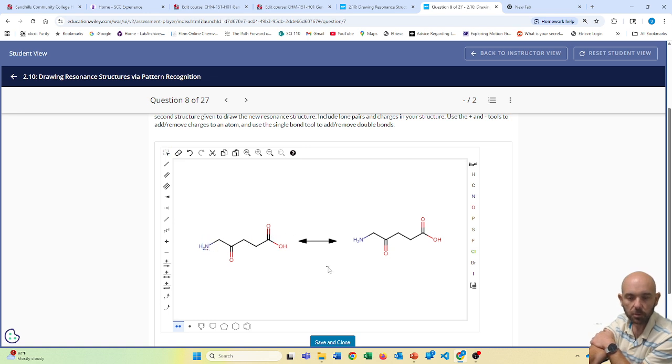So if we fill in a lone pair there, a couple of lone pairs there, a couple of lone pairs on that oxygen, and a couple of lone pairs on that oxygen. So if we're trying to draw resonance structures, we want to be careful. We don't want to draw this arrow here, because that is 2 steps away from this lone pair, from that pi bond rather. So that is not going to be a good arrow.